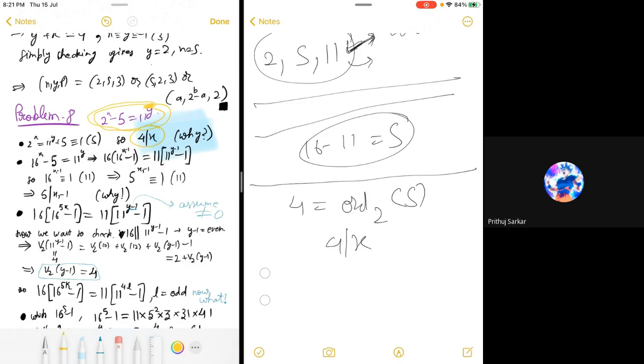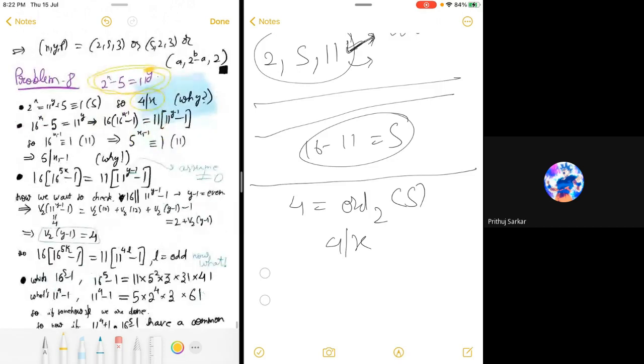So we just check that 4 is indeed the order. You can just manually check that. So we have got 4 divides x. And here comes the 16, which will give us the one solution. So now 16 to the x1, where x1 is x by 4, minus 5 is 11 to the y.